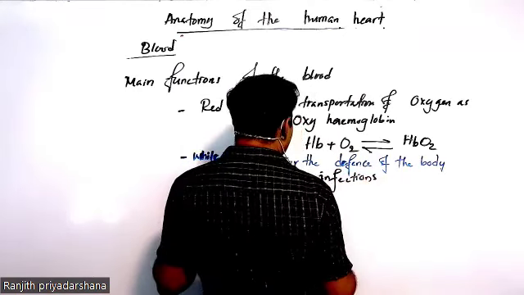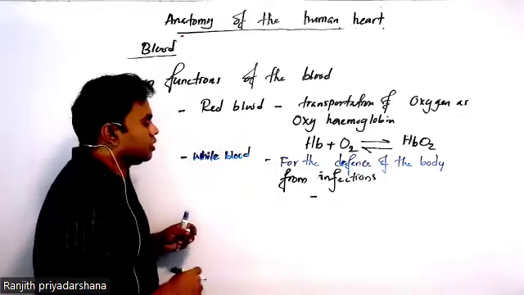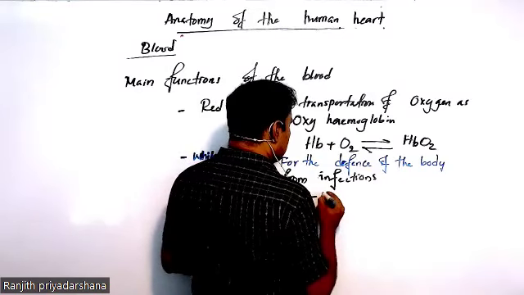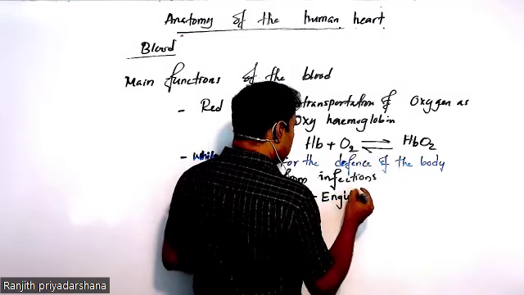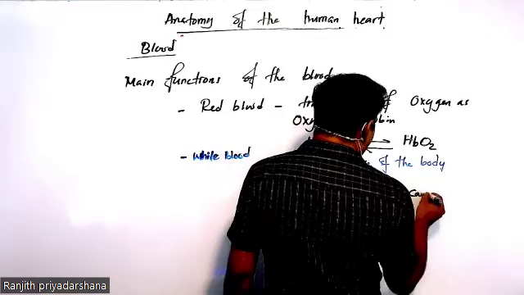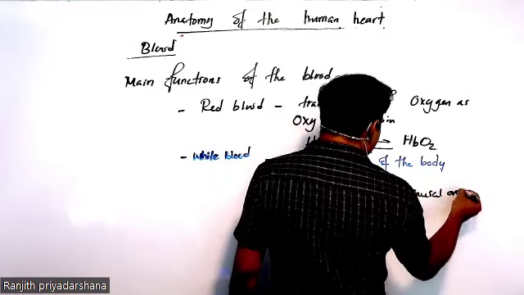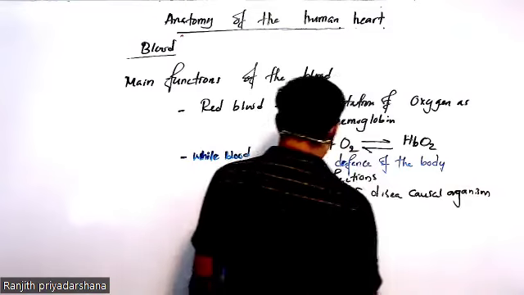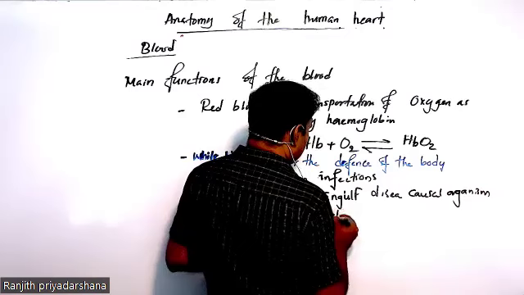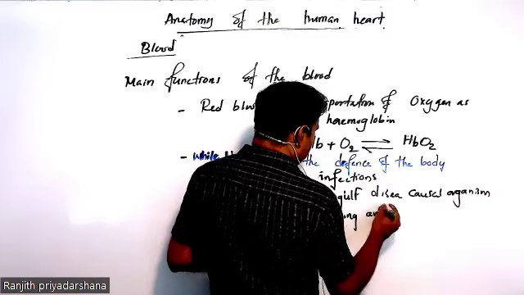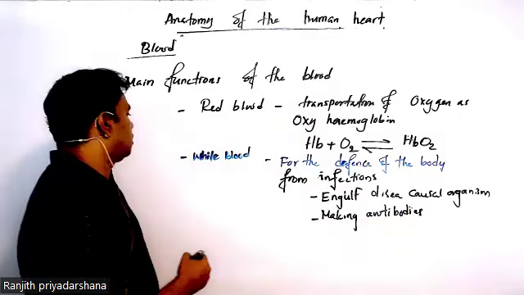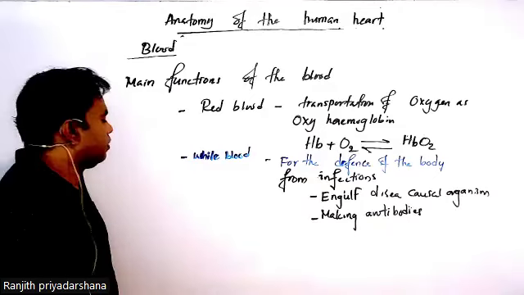Yes, they can engulf the causative microorganism. We're going to discuss the microorganisms later. Or they can make antibodies against it. Making antibodies, that's how white blood cells perform.